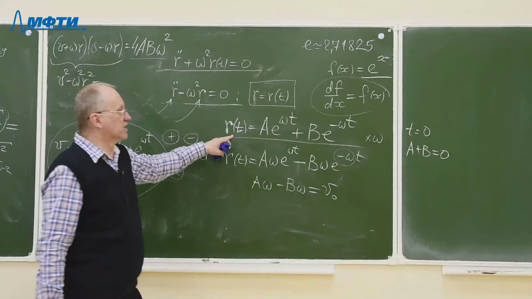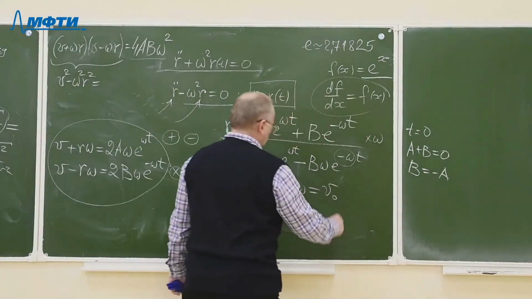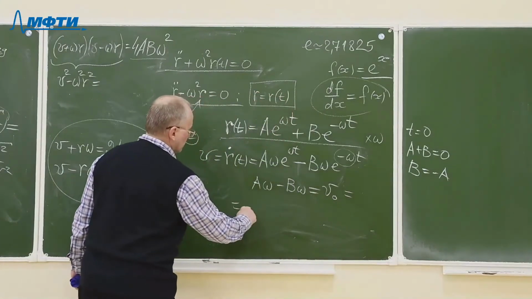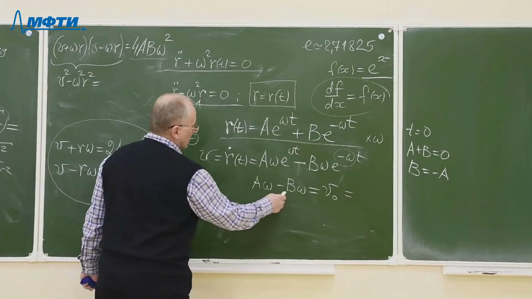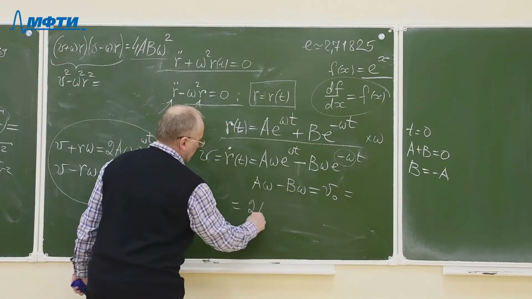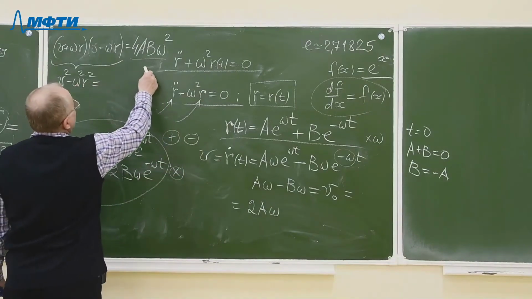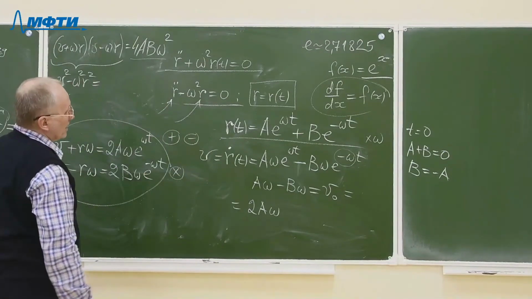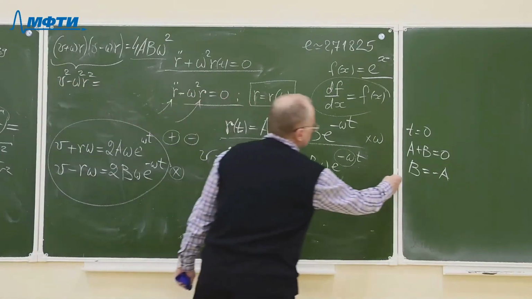And that means that b equals minus a. By using this equation, b equals minus a, I will obtain a omega plus a omega. That will be 2a omega equal to v0. So 2a omega is v0, and b equals minus a.